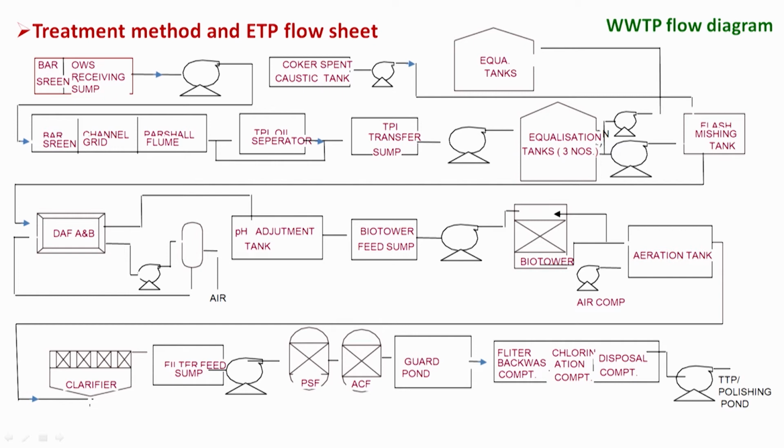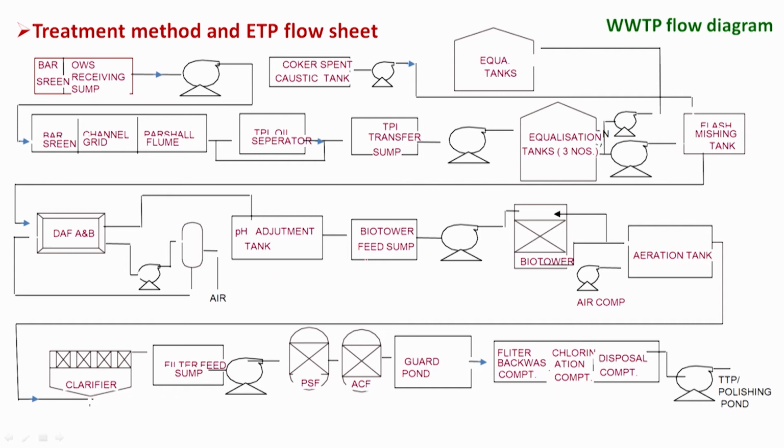After the bar screen, the water comes to the oily water separation receiving pump, and then it is sent to bar screens, channel grid and Parshall flume, and then it comes to the TPI oil separator, and after the TPI oil separator, the TPI transfer pump, and then the equalization tank, then from the equalization tank to the flash mixing tank, and flash mixing tank to DAF, dissolved air flotation.